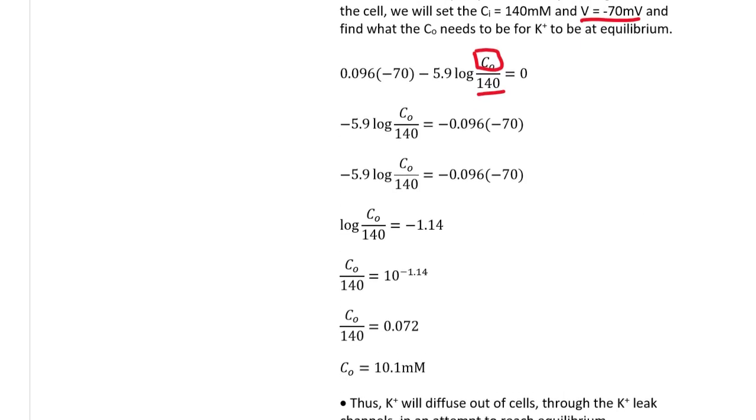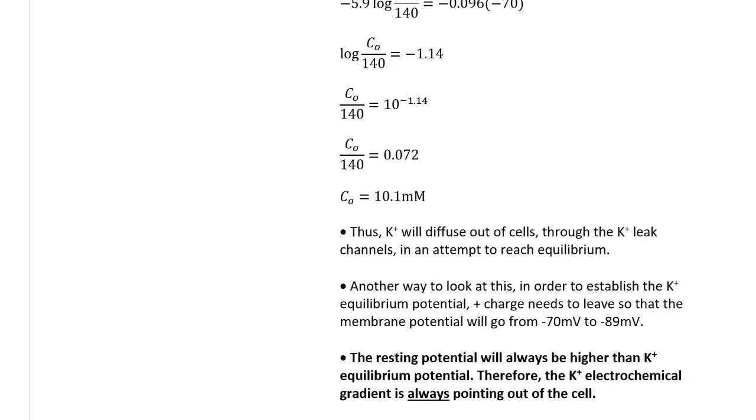And when we do the math, we get that the concentration outside has to be 10.1 millimolar. So for potassium to reach equilibrium, it needs to get to a concentration outside of 10.1 millimolar, which does not equal 5 millimolar, which is the concentration of potassium outside the cell.